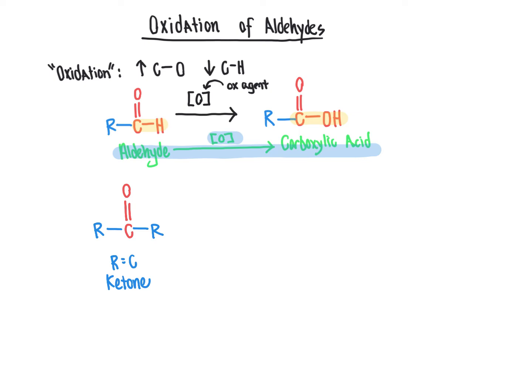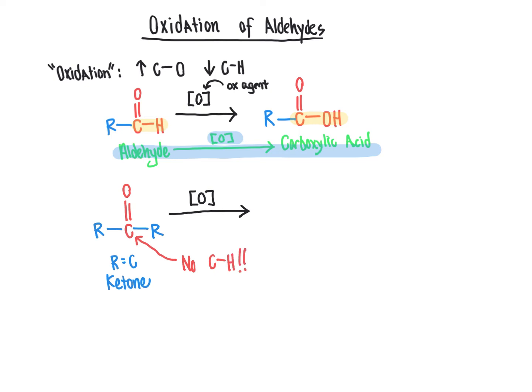And we treated the ketone with an oxidizing agent, which I abbreviate as O. In this case of a ketone, what we will notice is that in the ketone molecule, there are no direct bonds between the carbonyl carbon and hydrogen.